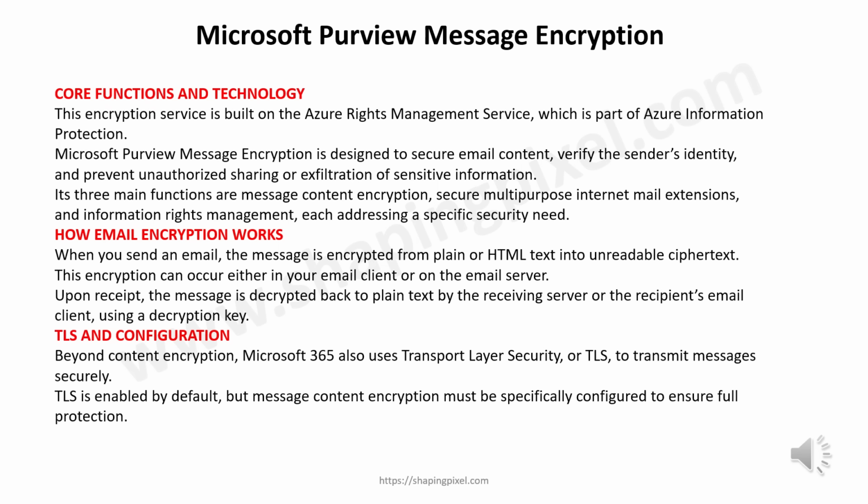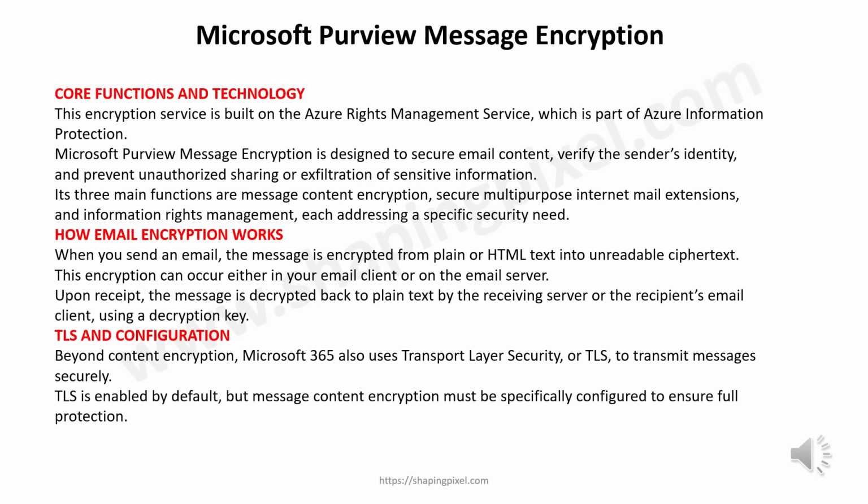When you send an email, the message is encrypted from plain or HTML text into unreadable ciphertext. This encryption can occur either in your email client or on the email server. Upon receipt, the message is decrypted back to plain text by the receiving server or the recipient's email client using a decryption key.